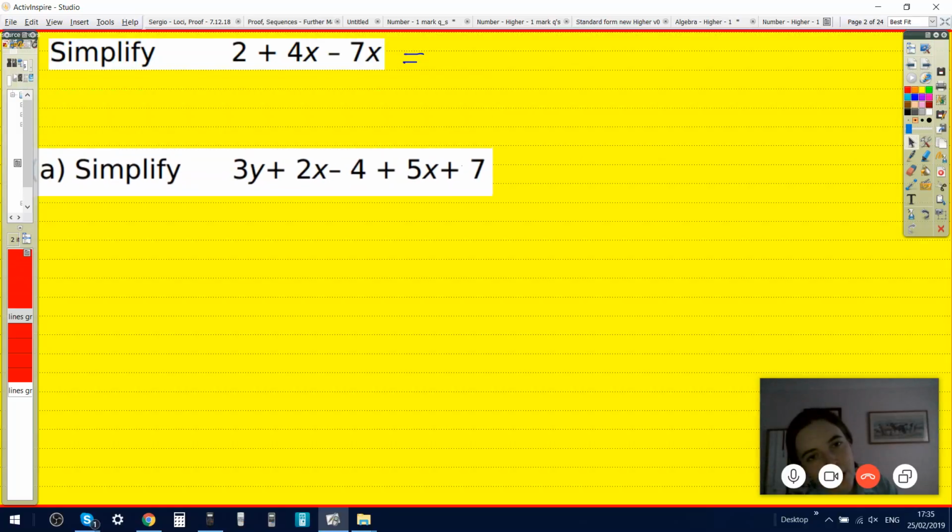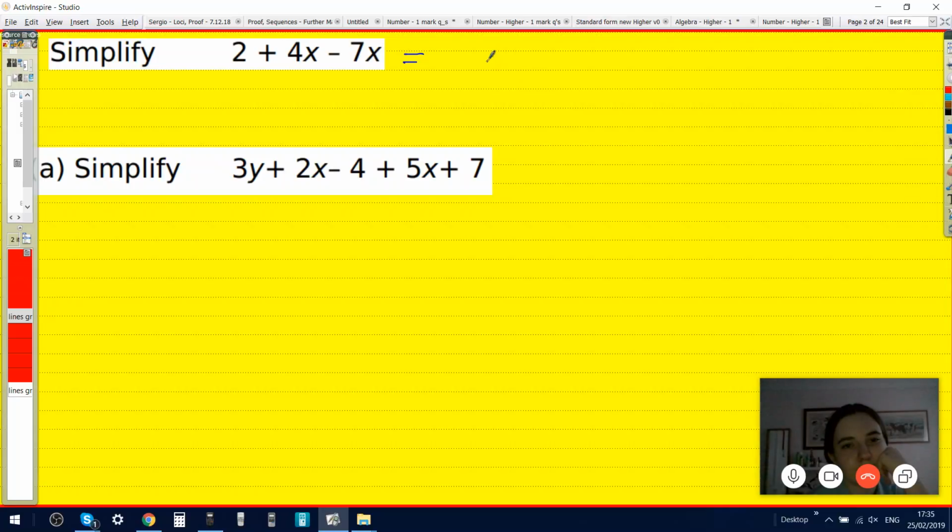Are these two? 2 brackets. No. Oh, plus.